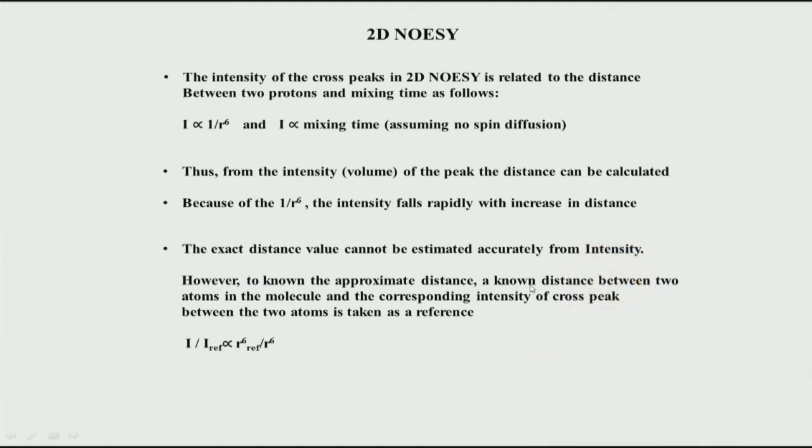Let us say you have a system in your molecule, like an aromatic system. Remember, an aromatic is a very rigid planar structure. So, the ortho protons, let me draw the structure here. If you have an aromatic spin system like this in your molecule, let us call these H1, H2.